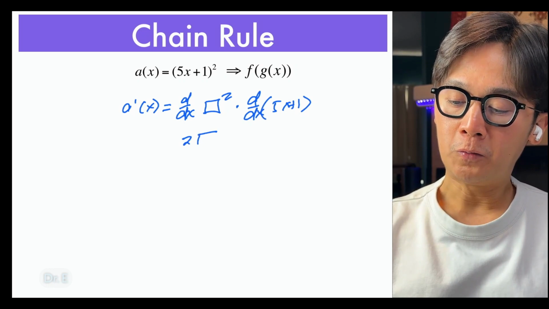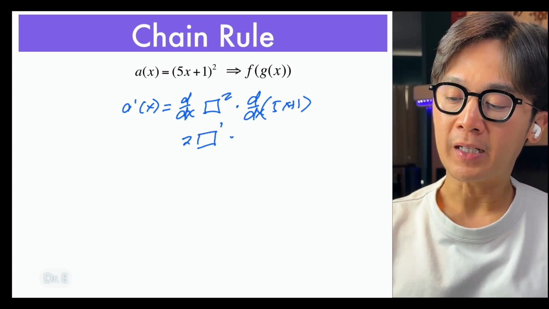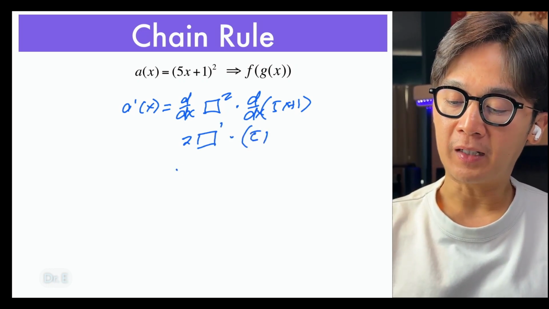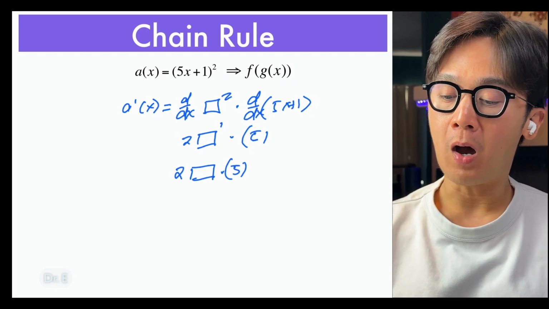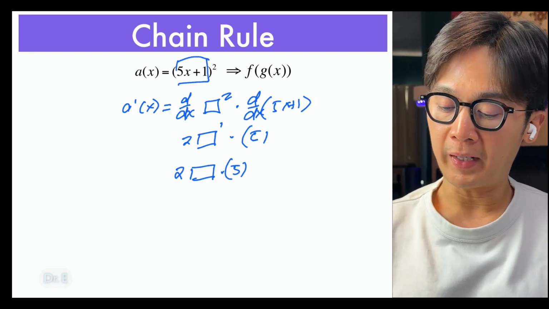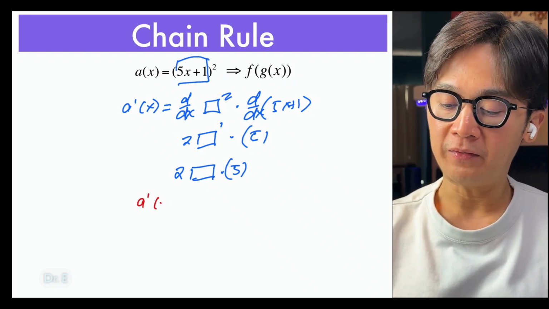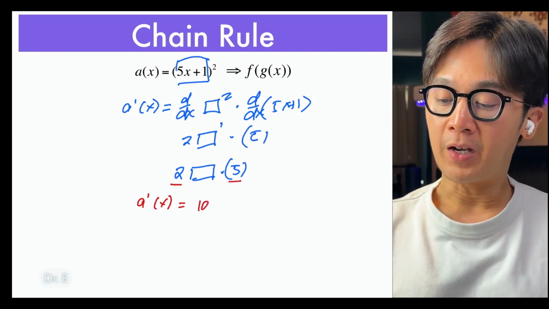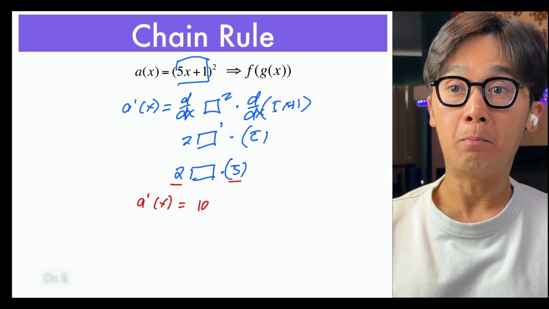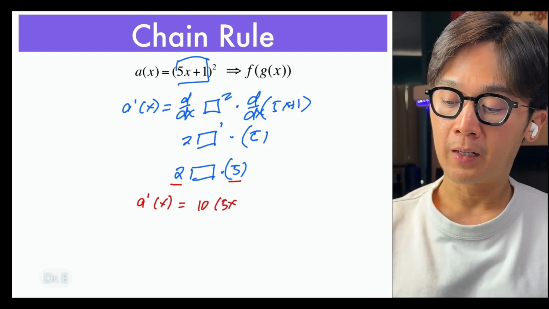So we have 2 box to the 1 times 5, which is basically 2 box times 5. If we want to simplify this further, we know that the box is 5x plus 1. By replacing it, we have a prime of x, which is simply 2 times 5, which is 10, and the function inside the box is 5x plus 1.